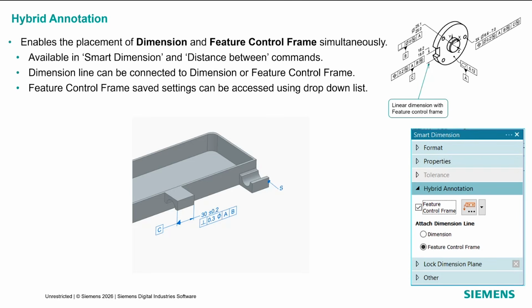But now, if you have the PMI in one workflow, you can add the annotation to it, and it will automatically be attached, so you don't have to worry about the annotation not coming at the right angle or so on with this feature.